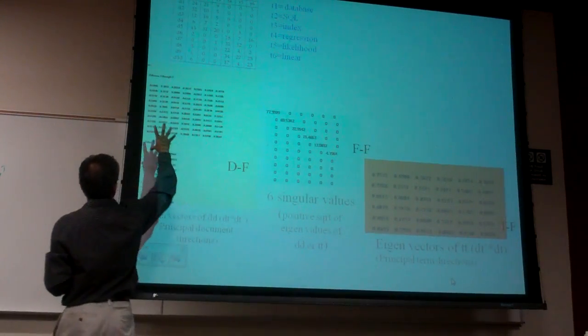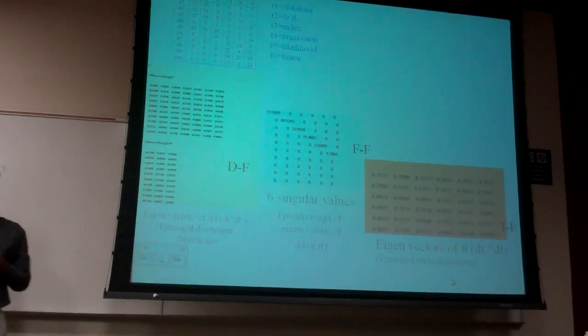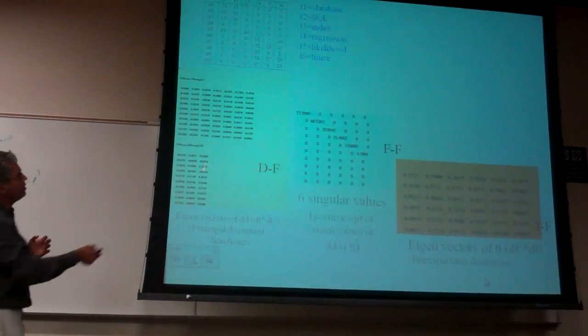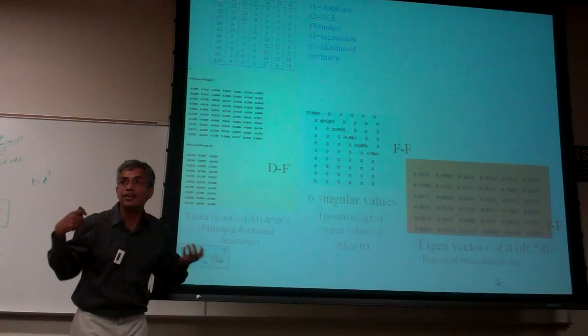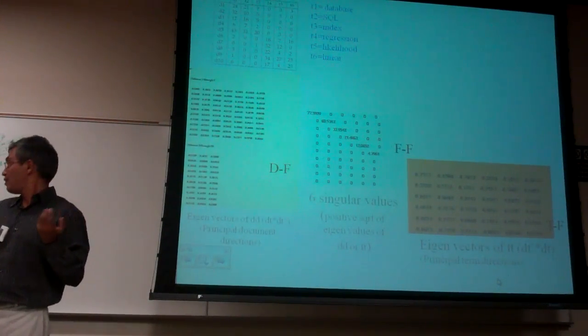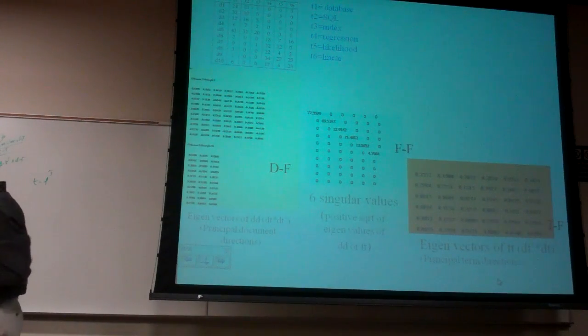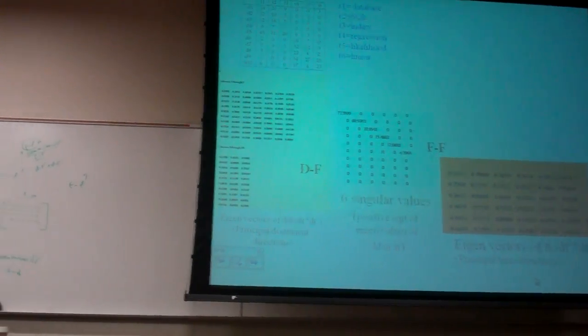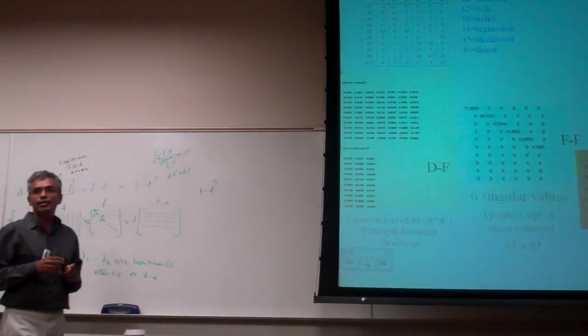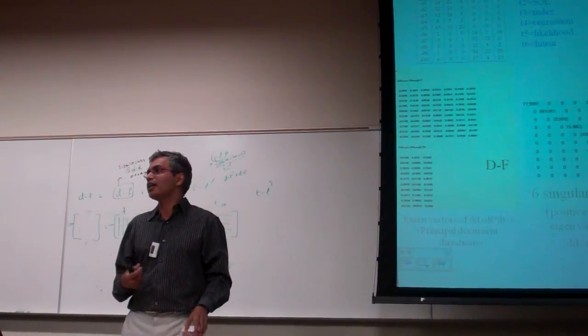First of all, remember these are eigenvectors of some matrix. We just found that they're eigenvectors of the DD matrix. Now, if I take two eigenvectors and multiply them, basically take the dot product, what do I get?